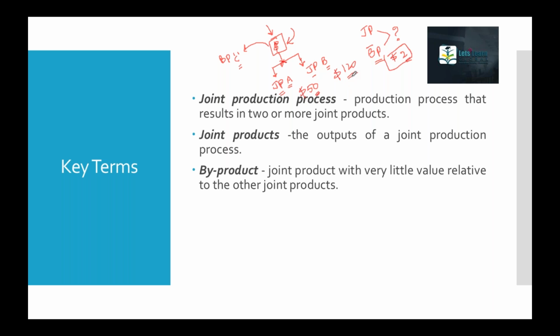The joint products are also called main products because our intention was to produce main products, but during the production process, some products will also be derived which have very little sales value as compared to the joint products. Therefore, we call them byproducts.